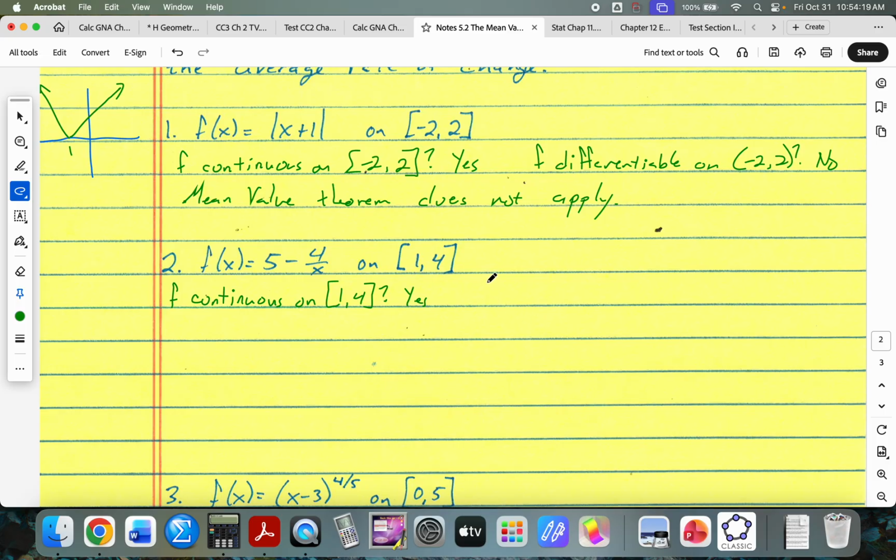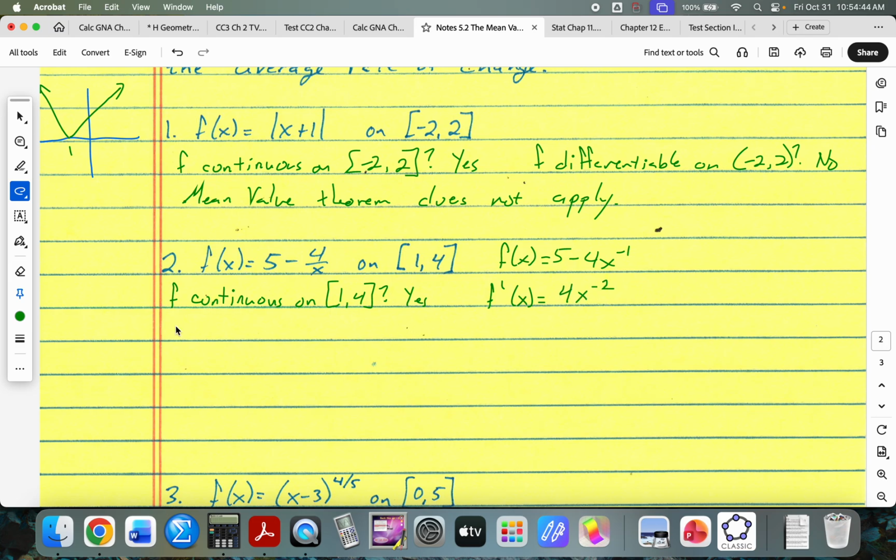To see if it's differentiable or not, let's take the derivative. And remember that f of x is 5 minus 4x to the -1. So f prime is going to be what? 4x to the -2.